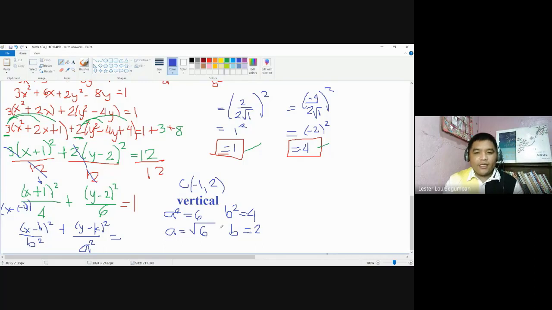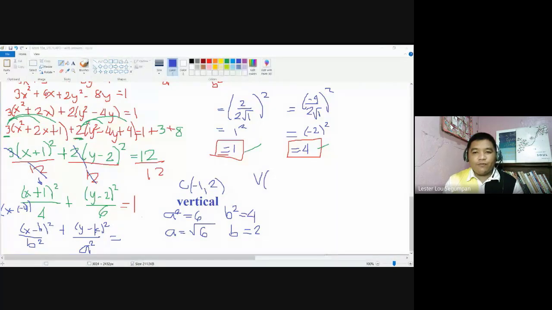With this, we can now get the vertices. The vertices here will not use the 0 plus minus a or the plus minus a 0 formula. Why? Because our center is not anymore at the origin. That is only the formula for when the center is at the origin. You may look at your notes to get the formula for the vertices.